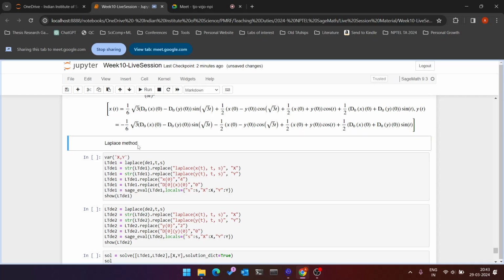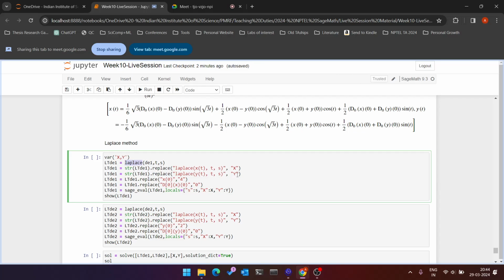Next, we will be using the Laplace method. Same process. Specify variables capital X, capital Y as the Laplace transform of x of t and y of t respectively. Next, we calculate the Laplace transform of the first differential equation.